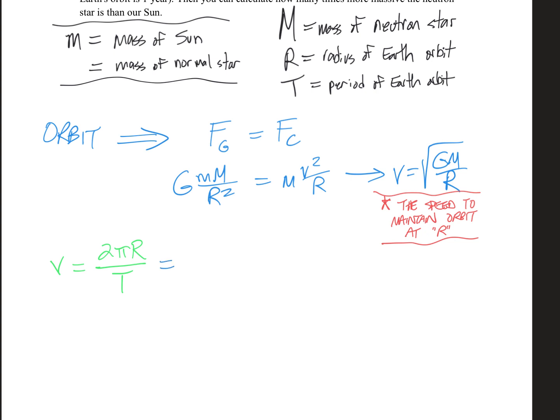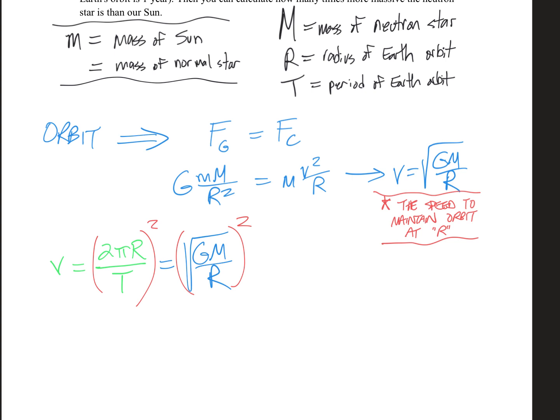But it also happens to be equal, like we just found with the force analysis, to the square root of Gm over R. Well, how do you get rid of that square root? We would have to square both sides.